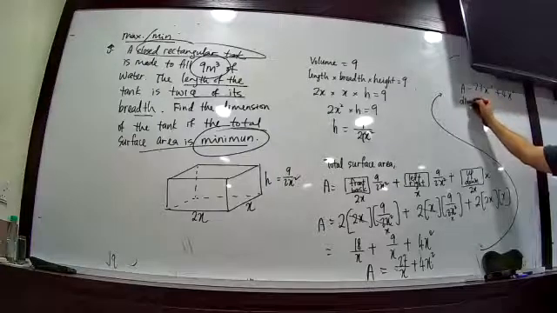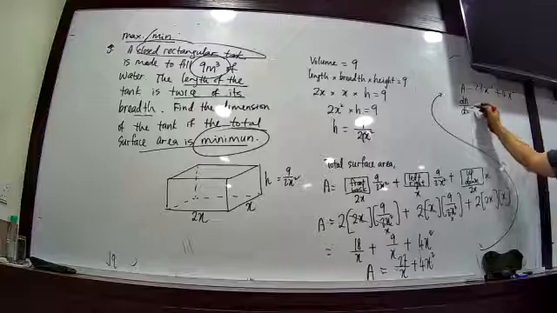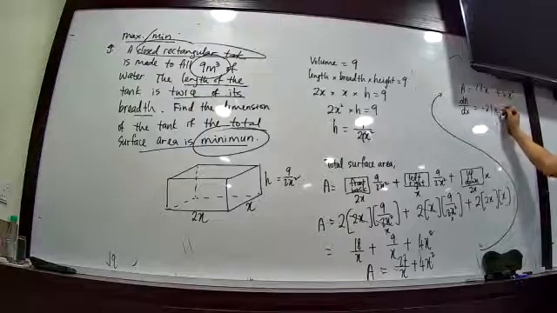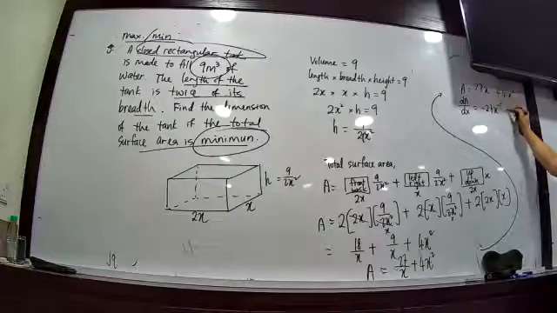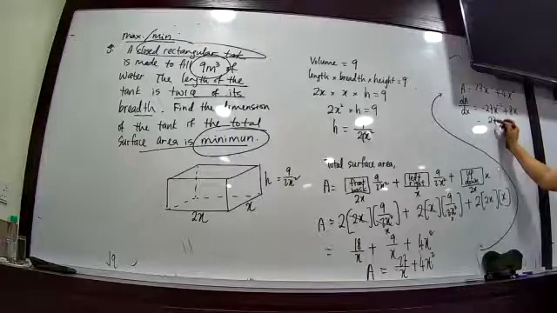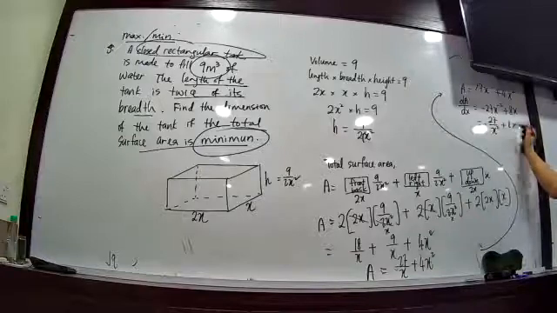So do dA/dx. 27 times minus 1, minus 27, and then power minus 1 minus 1 is minus 2, plus 4 times 2 is 8, 2 minus 1 is 1. So you get minus 27 over x squared plus 8x.